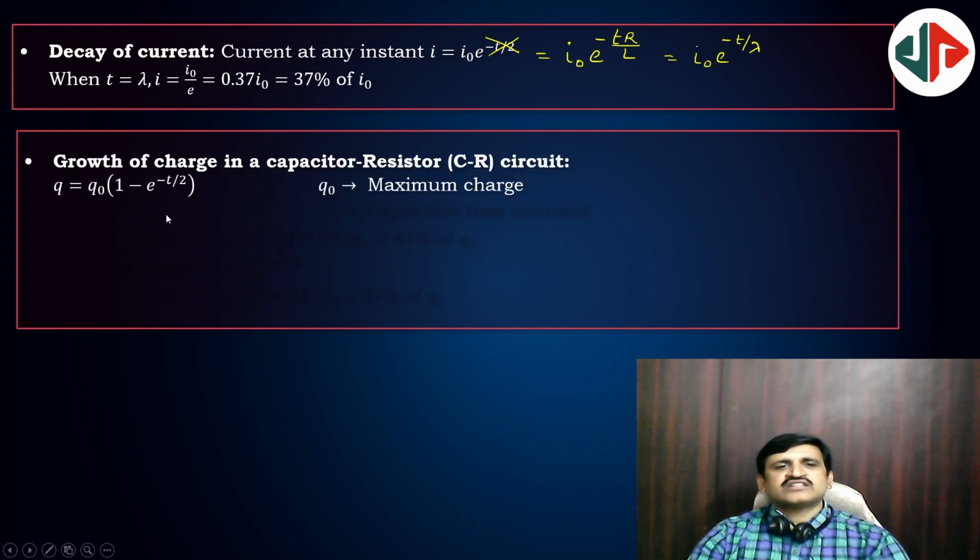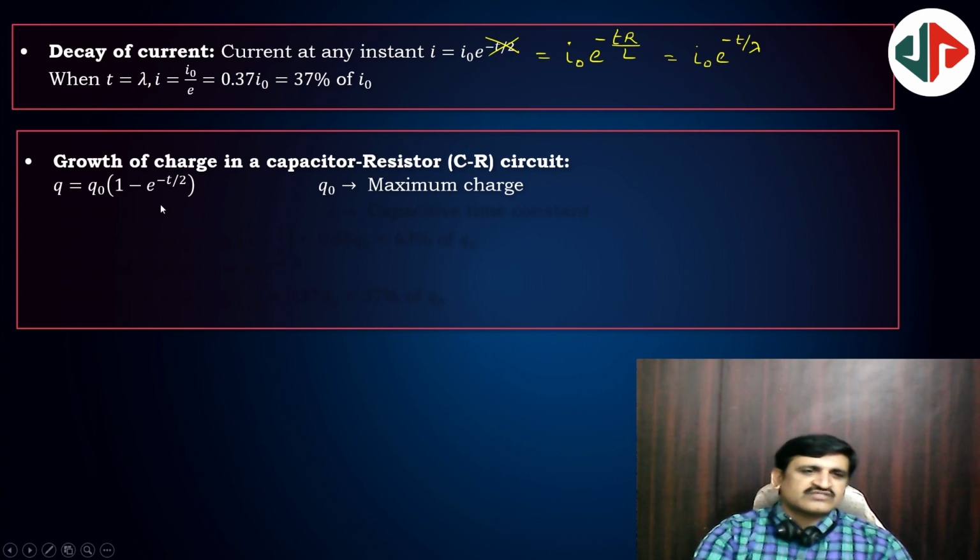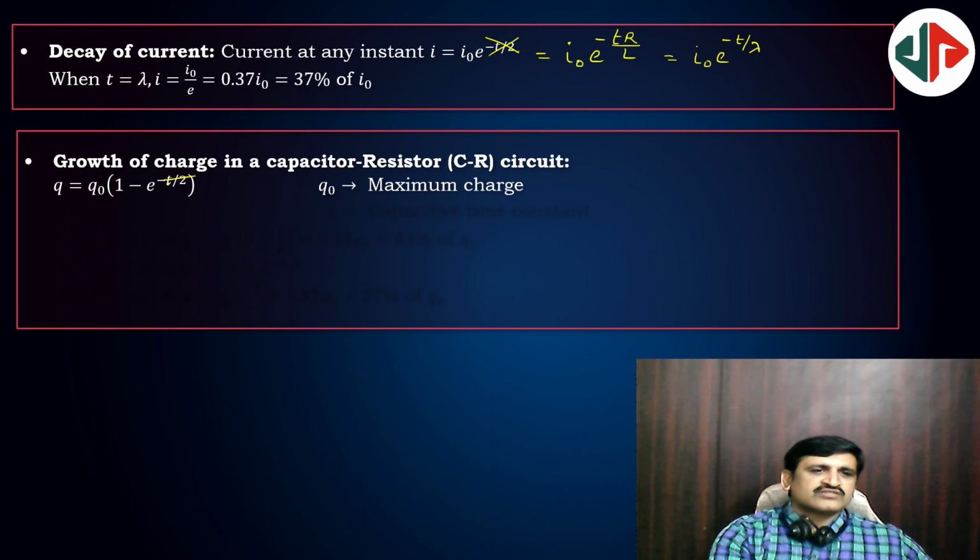Growth of charge in a capacitor resistor circuit, the CR DC circuit. This formula was also typed wrong: it is Q equal to Q naught of 1 minus e to the power of minus t by CR.